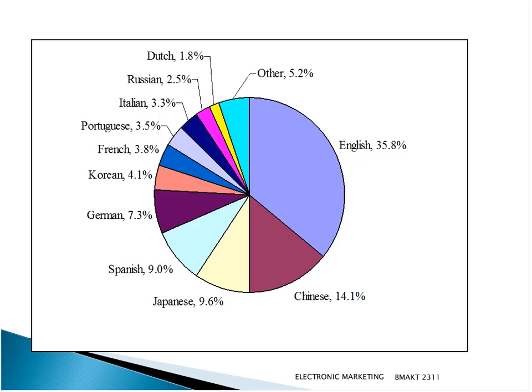We have Japanese, Spanish, German, Korean, French, Portuguese, Italian, Russian, Dutch. There are other languages spoken, ordered by the number of people speaking them.